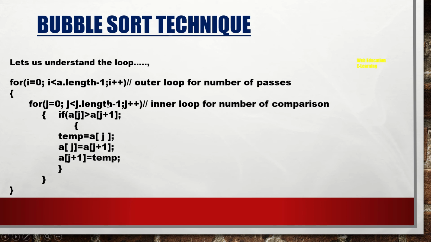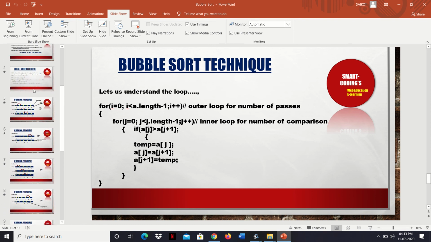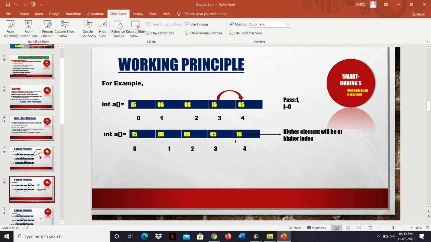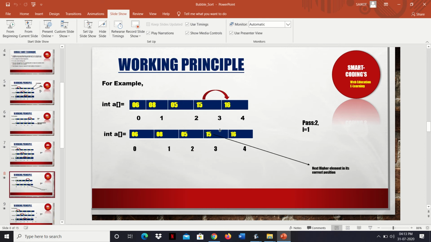Because, as you can see students, let's quickly go to pass 1. At the end of pass 1, you can see 16 is automatically in its correct position at the highest index. So in pass 2 we don't need to compare 15 and 16, because 16 is already in its correct position.